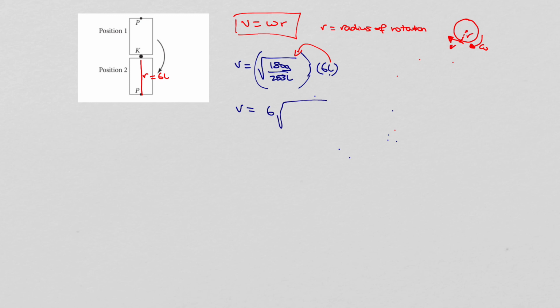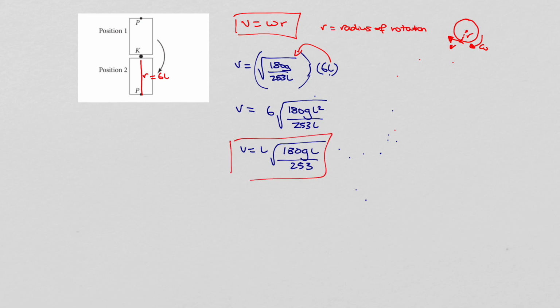So that would be 6 times 180g L squared over 253L. And I can, of course, simplify that L on the top with the L on the bottom, which would give me 6, that should be a 6 there, sorry. 6 times square root of 180gL over 253.